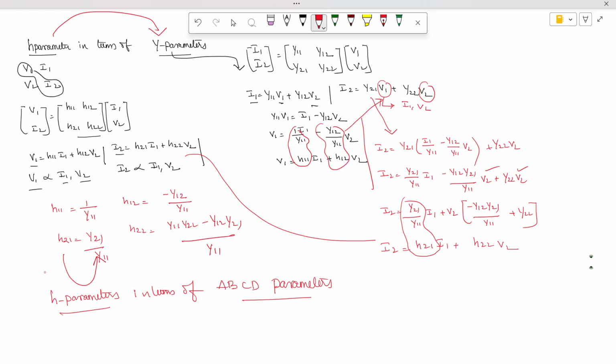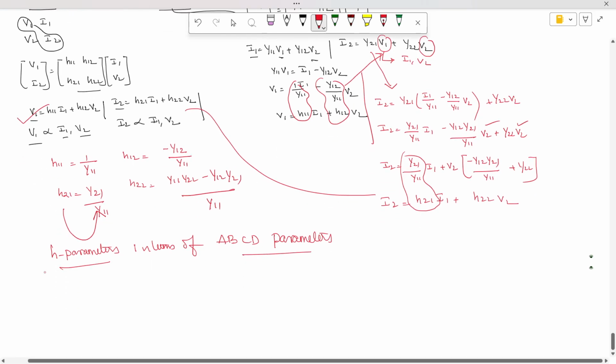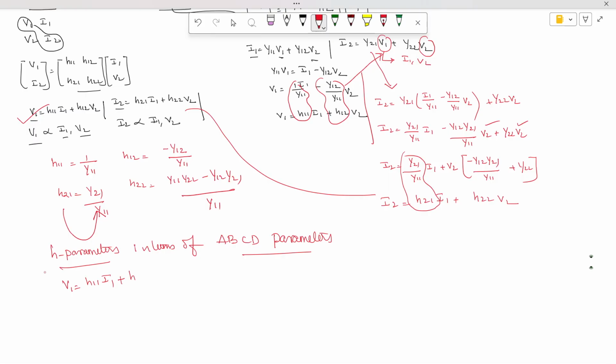We have the basic H parameters: V1 is equal to H11 I1 plus H12 V2, and the second expression is I2 is equal to H21 I1 plus H22 V2. And we have ABCD parameters as V1, I1, next one is V2, I2.